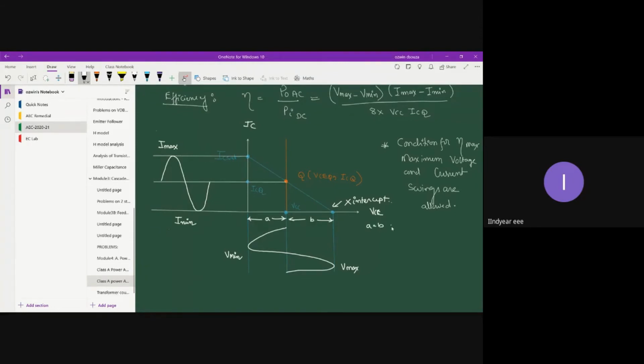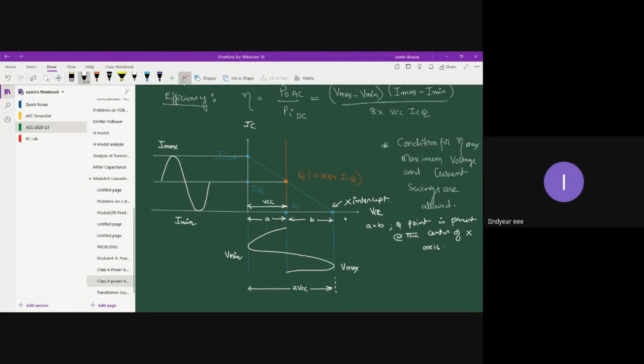A is equal to B. The reason is the Q point is present at the center of the x-axis. So from here to here is VCC, correct? Here to here it is VCC. Then this Vmax point is present at what value? It is present at 2 VCC. So from here to here it is VCC, and this is going to be 2 times the VCC value.